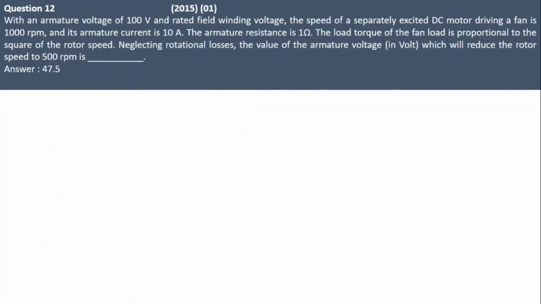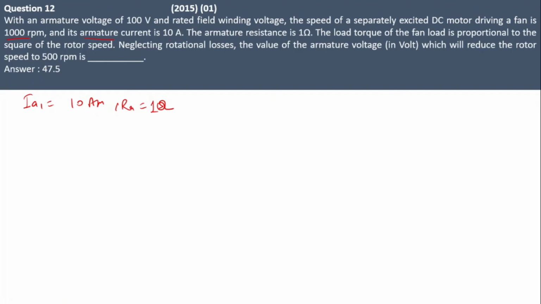Next, with the armature voltage of 1000 volt and rated field winding voltage, the speed of a separately excited DC motor driving a fan is 1000 RPM and its armature current is 10 amps. So IA1 is given to you 10 amps. Armature resistance 1 ohm.